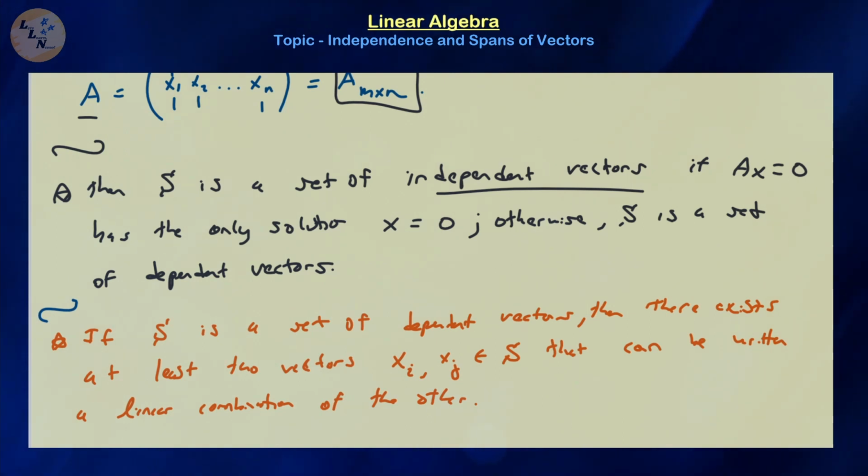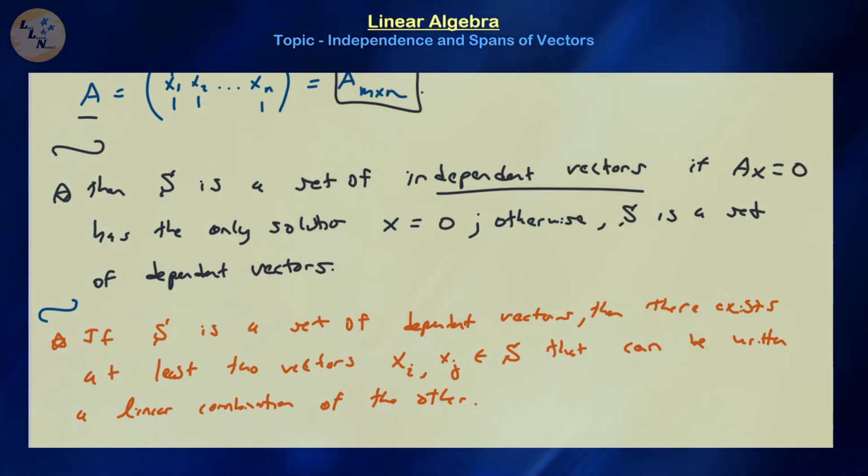So if you can write one vector as a linear combination of another vector or a set of other vectors in that particular set, then that is what we call a set of dependent vectors.